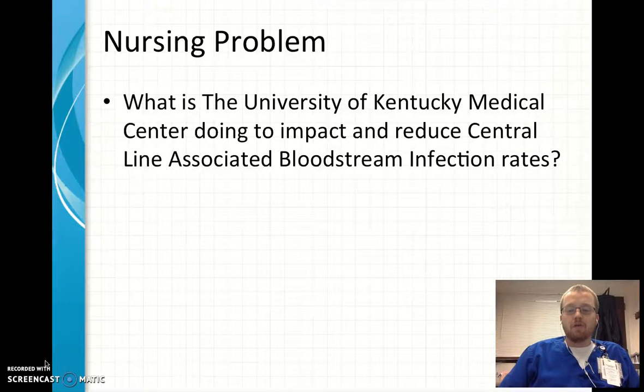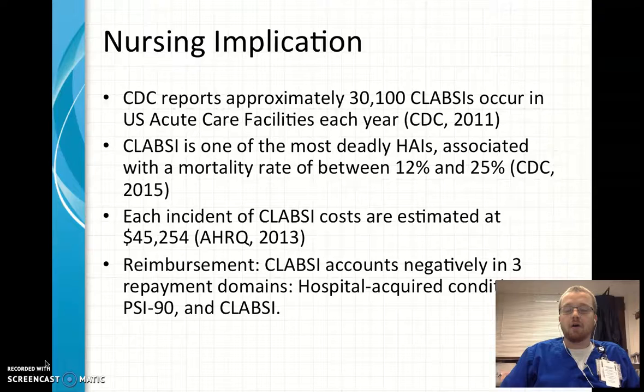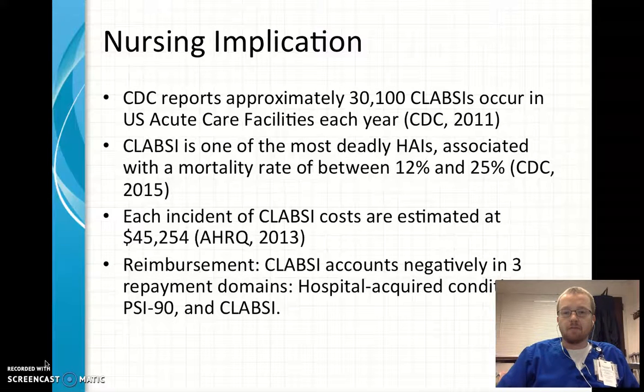So I wanted to look specifically at how our enterprise was impacting and reducing central line rates. So I teamed up with Jill and gathered some data and did some evidence-based research and found out that the CDC reports that a little over 30,000 CLABSIs occur in acute care facilities in the U.S. every year.